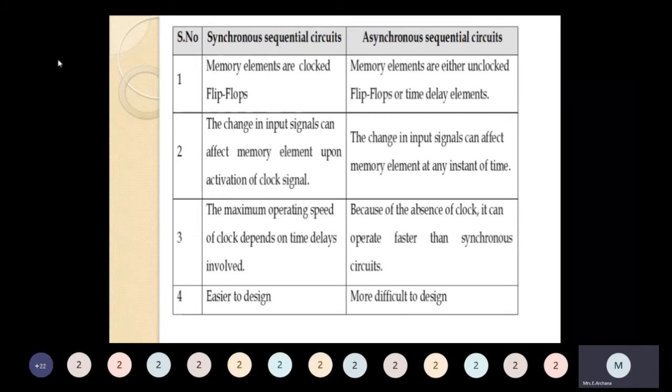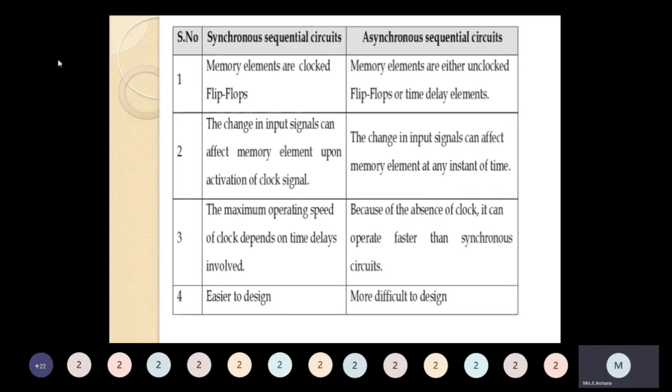What is the difference between synchronous and asynchronous? I have told that in sequential circuits we are going to see two types: synchronous sequential circuit and asynchronous sequential circuit. In synchronous, the memory elements are clocked flip-flops. In asynchronous, we use either unclocked flip-flops or time delay elements.